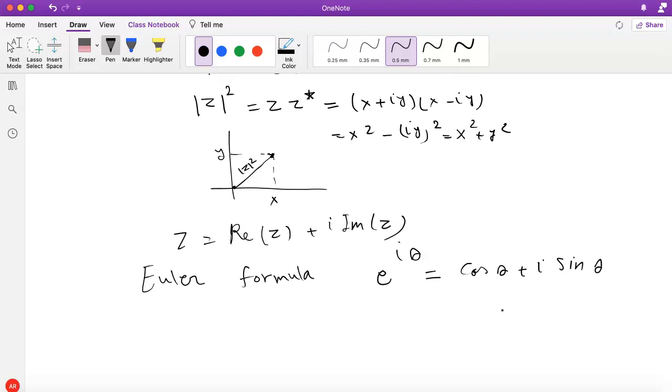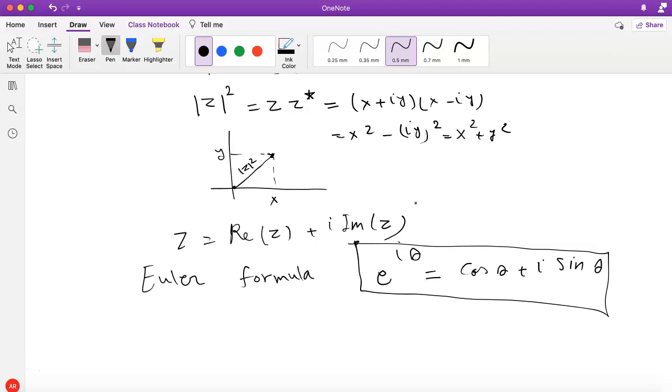So I won't go through the proof or motivation of this, but basically, for those who are familiar with the Taylor expansion, for example, you can consider the Taylor expansion of an exponential, and all powers of i that are even become 1 or minus 1.